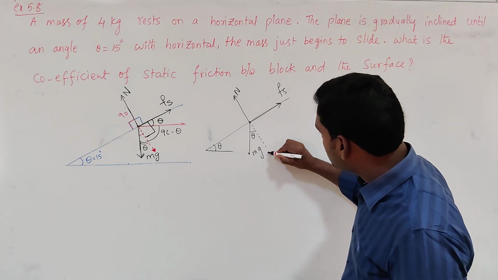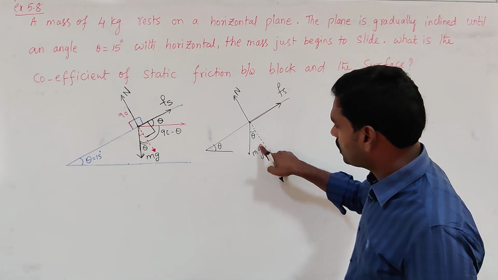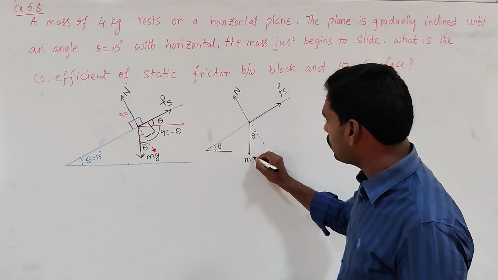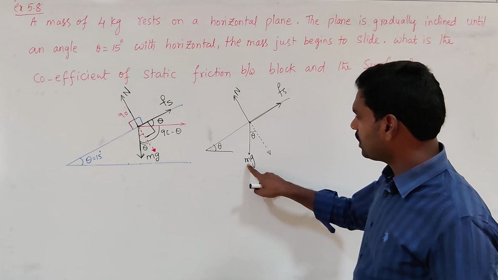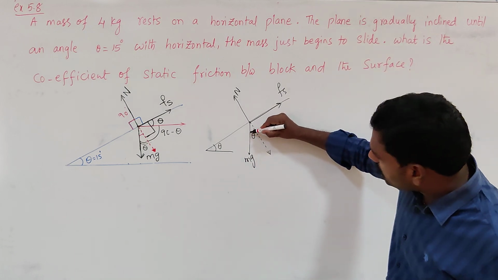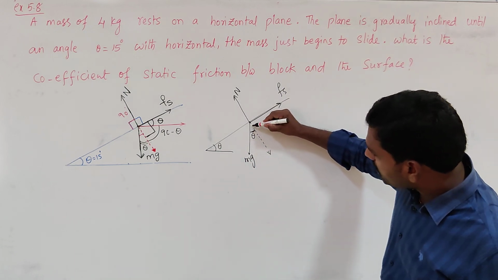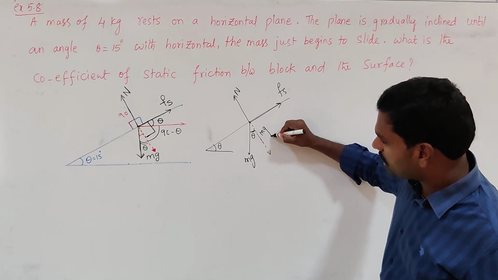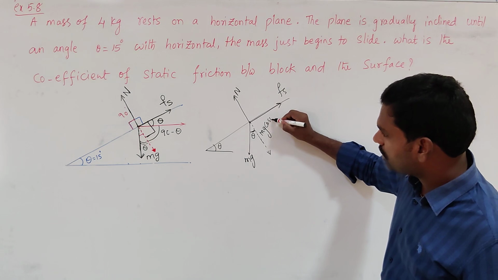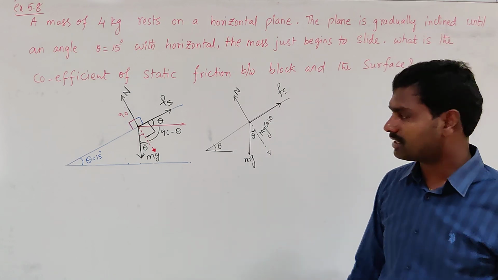Now resolving mg into components. The magnitude of mg is pointing downwards, which is making an angle of theta with the vertical. So we can resolve mg into components. This side is the adjacent side to theta, so this will be a cos theta term. This component will become mg cos theta.